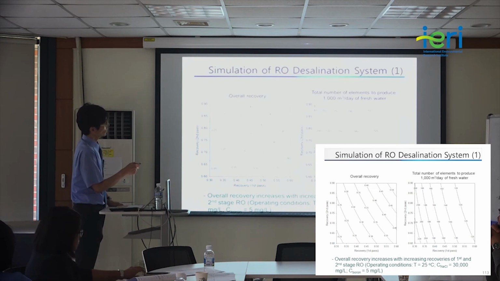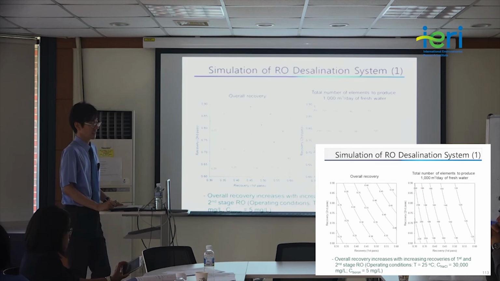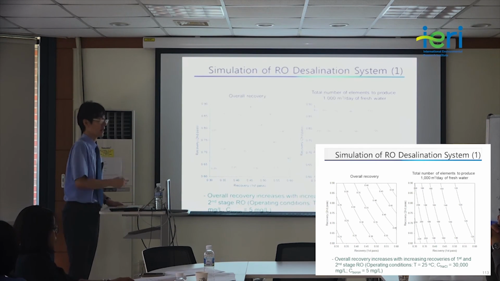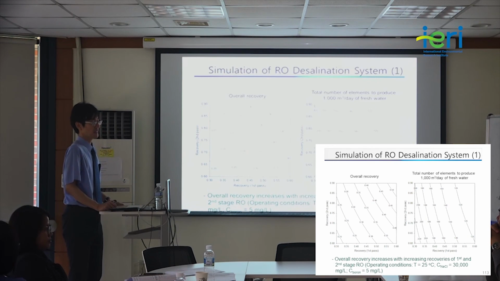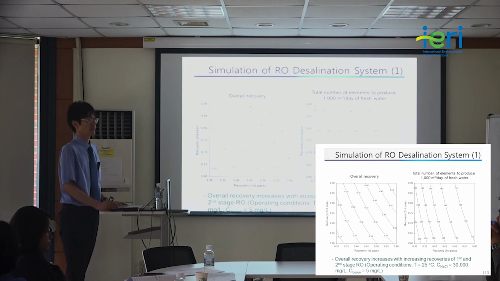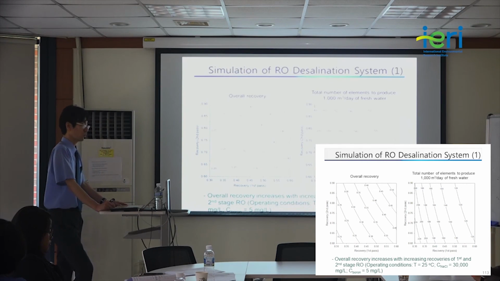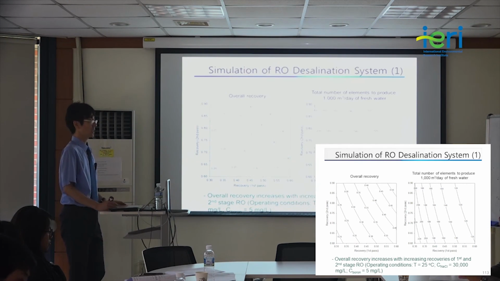And the meaning of this total number of elements is the capital cost, because if you have to use more membranes, it means that the membrane vessels, pumps, and other parts will increase. Their size will increase.